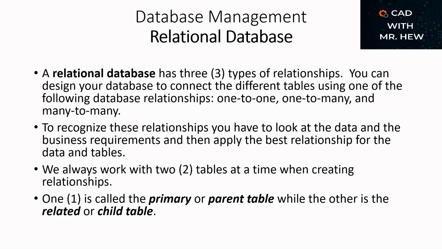To recognize these relationships, you have to look at the data and the business requirements and then apply the best relationship for the table and data. We always work with two tables at a time when creating relationships. One table is called the primary or the parent table, while the other is called the related or child table.